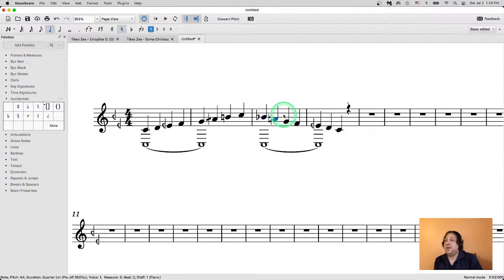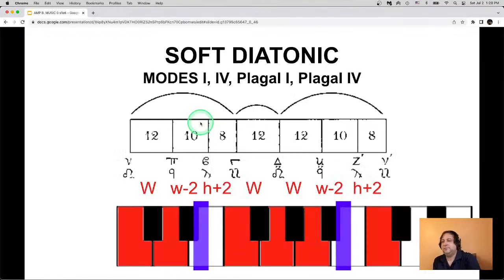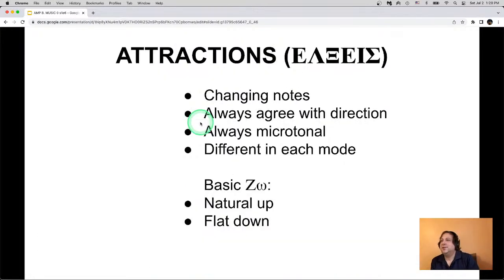So these are flat going down and they're sharp going up. See that? Make sense? So that's the basic idea of Zo, and that's really the first one that you should know with regard to these things called elxes. There are a lot more, but this is the one you should know for now.